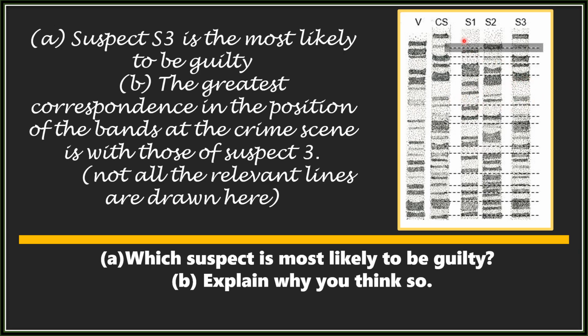So we eliminate suspect 1 and suspect 2 because most of the bands from the crime scene sample do not correlate with suspect 1 and suspect 2, but they correlate with suspect 3. If you look at the different lines drawn, you can see they are correlating. So suspect 3 is the most likely to be guilty.